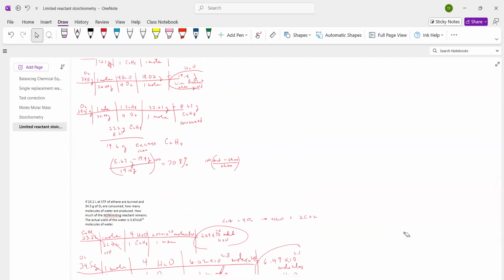Okay, well, first of all, the limiting reactant problem is going to be a take-home problem. And it's going to be more like the first one. It's going to be on Zoom. Okay.